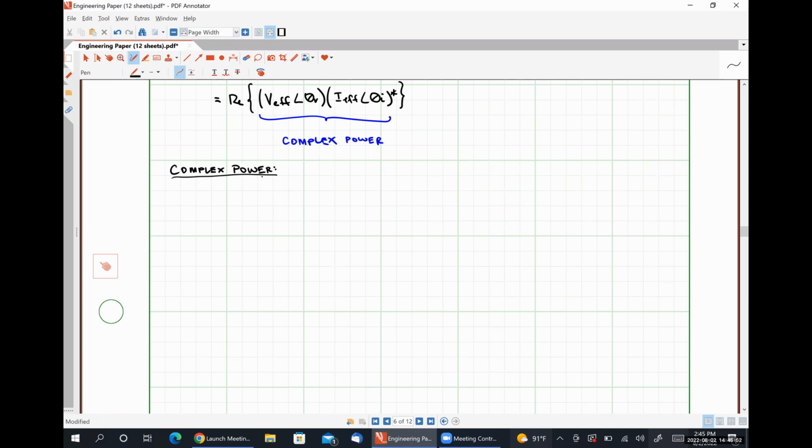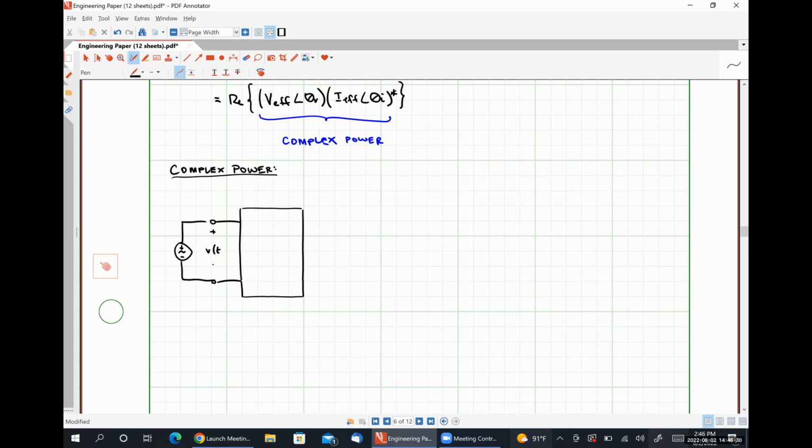So if we have a linear black box network, I'm sure you guys are tired of me talking about linear black box networks, but it'll be okay. And our linear black box network is sinusoidally excited.